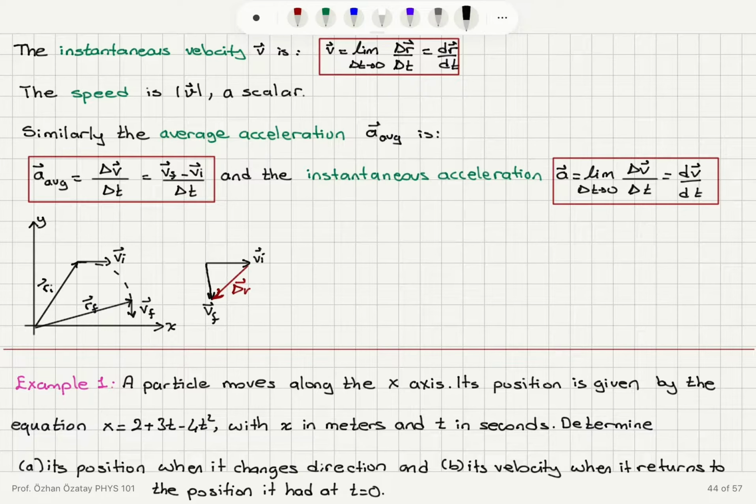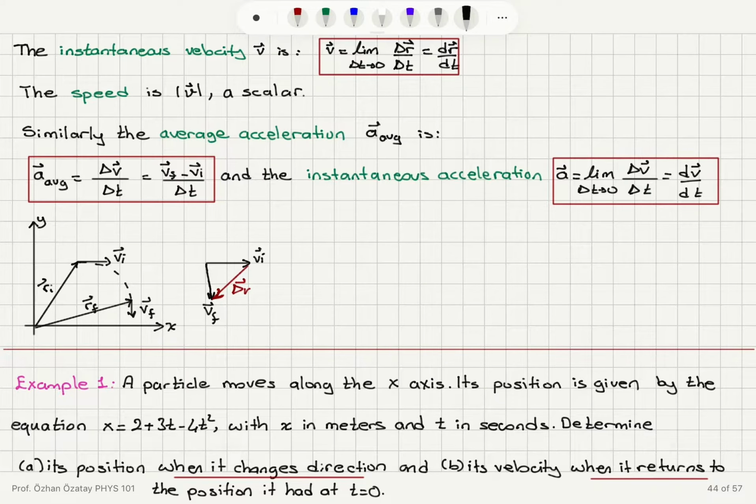Its position is given by the equation x equals 2 plus 3t minus 4t squared, with x in meters and t in seconds, so they're in SI units. Determine its position when it changes direction, so we're going to look for the time when it changes direction, and its velocity when it returns to the position it had at t equals 0.